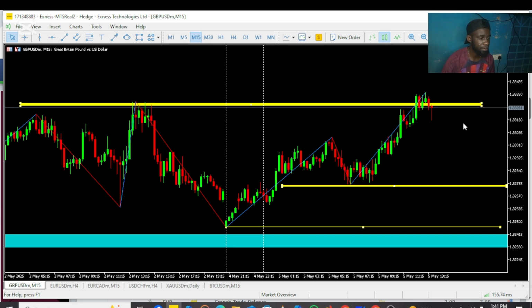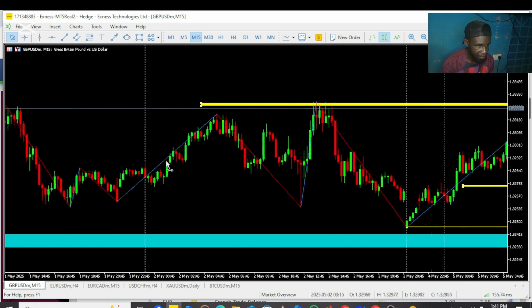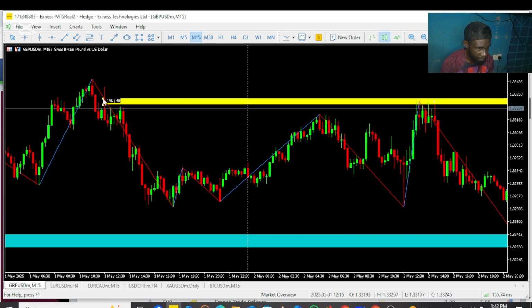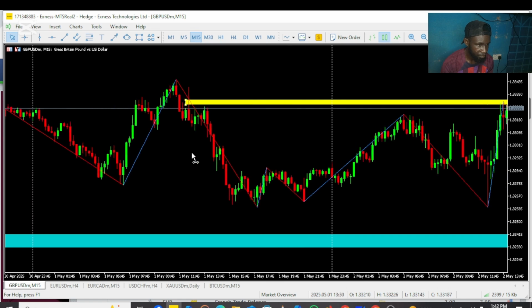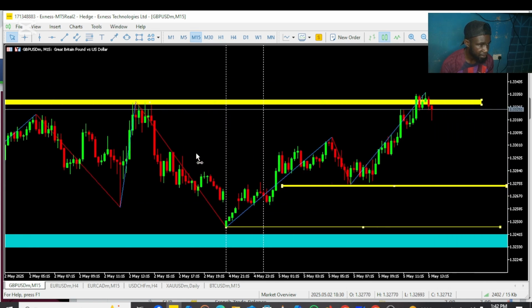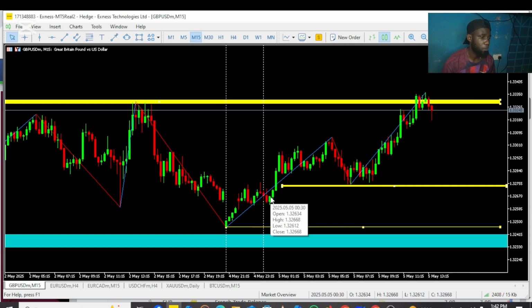So as you can see from the 15 minutes time frame, the market is moving sideways, finding it difficult to break the resistance zone or the support zone.